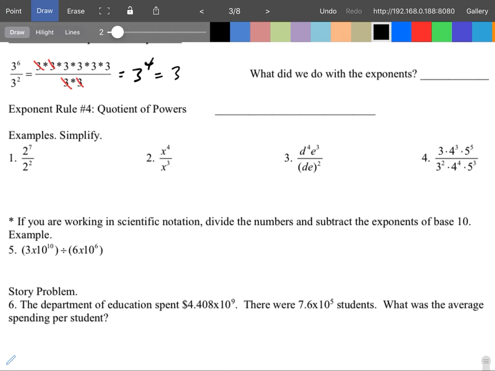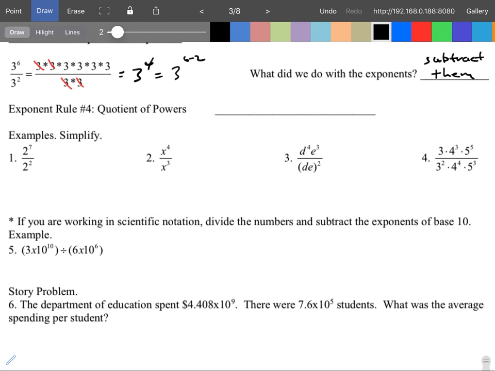So the rule for this would look like 3 to the 6th minus 2 power. So then what do you do with the exponents? You subtract them. So let's fill that in here. All right, so you subtract them.